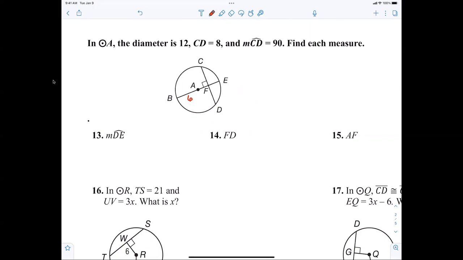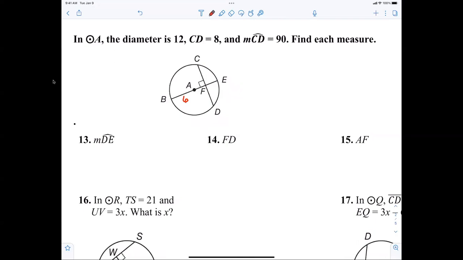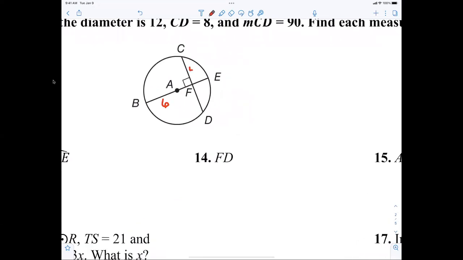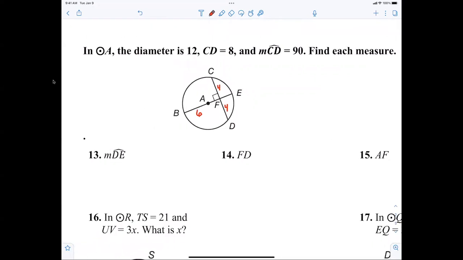Because CD is 8, that makes FD and FC what? 4. So I'm going to put 4 here and a 4 here. Arc CD is 90. So what's true about CE and ED, those arcs? See how I like to just break it down as much as I can. 45 and 45.